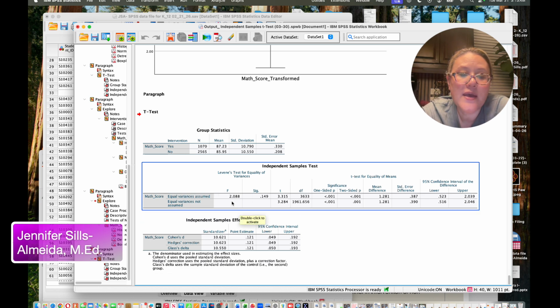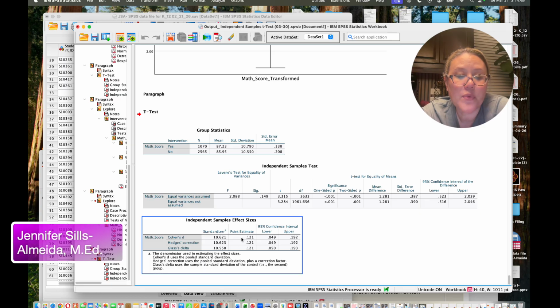The F is 2.088, and this one is 1.149. The t is 3.3, and the two-sided p is less than 0.00001. The mean difference here is 1.28. So that means between the intervention and non-intervention, that was the difference in the scores.